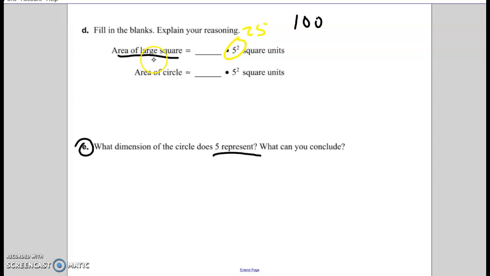If I know the area of my large square is 100, if I were going to divide that by 25, then that gives me 4. That is what goes here. So the area of the large square is 4 times 5 squared.